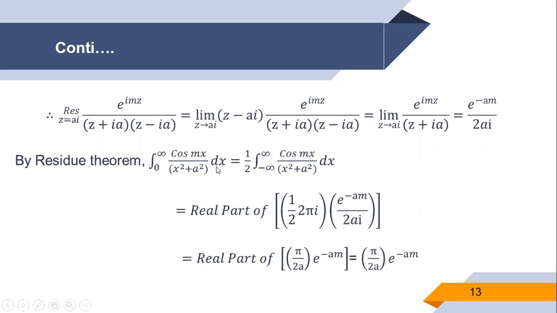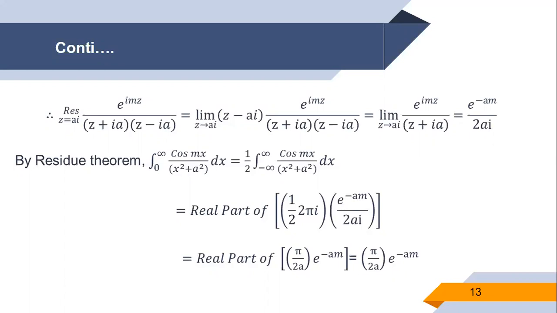So basically there are three types of real integration where we apply the Cauchy residue theorem and find the solution. First, the integration limit is 0 to 2π, so the curve is a unit circle. Second, the integration limit is minus infinity to infinity, so the curve is the upper half of the plane.